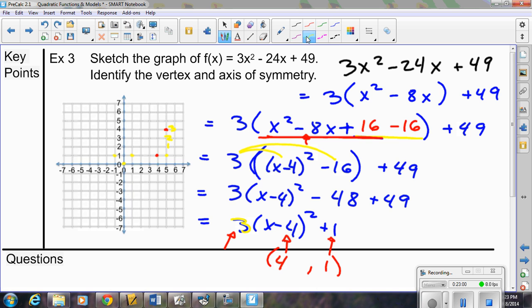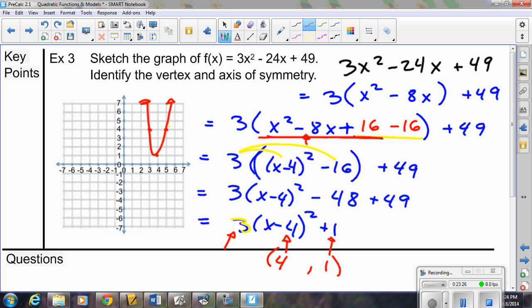And if we did the left-hand side, left 1, up 2, up 3, giving us the other point. We're just taking advantage of the leading coefficient being 3 to fill in the details and get our general sketch.